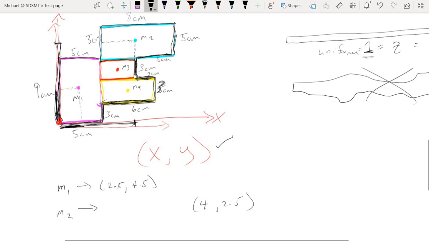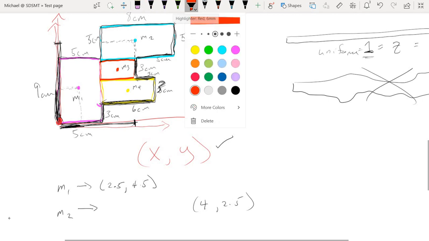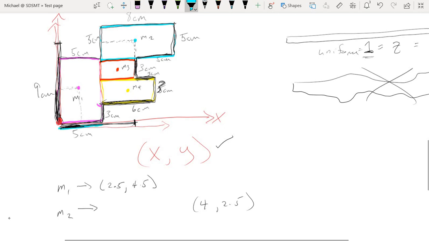So I need to first travel out 5 centimeters along the x direction, and then add the extra 4 to get to the half point. So 5 and 4 is 9. And then I have to travel all the way up the 9 centimeters so that I can add the extra 2.5, and that would get us to 11.5.